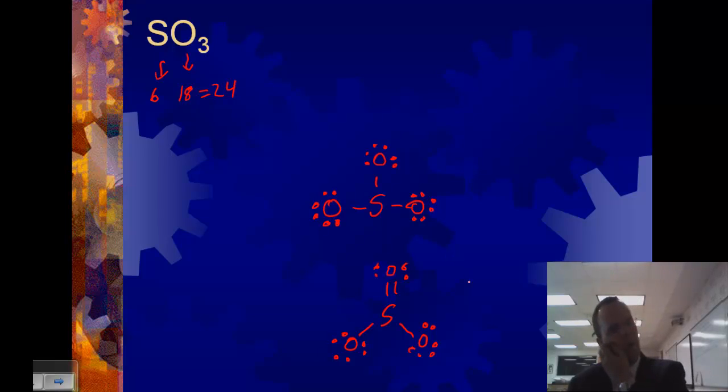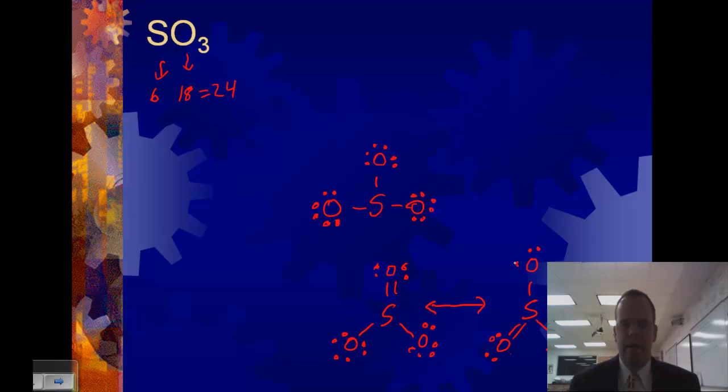The question is, how do we know which oxygen to double bond? Now, for drawing the Lewis structures, it really doesn't make a difference. But because there's 3 equally good possibilities, we could double bond to the lower left one, or we could double bond to the lower right one.